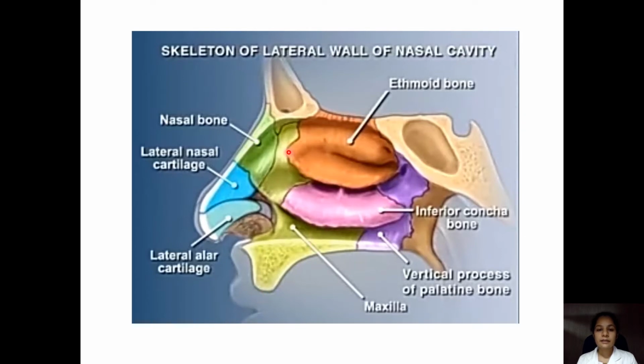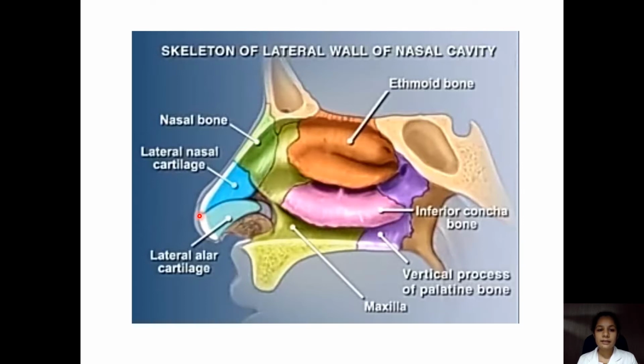This shows the skeletal framework of the lateral wall of the nose, the nasal bone, nasal process of frontal bone, frontal process of maxilla, the ethmoid bone, which constitutes the superior and middle turbinate. Inferior turbinate is a separate bone.